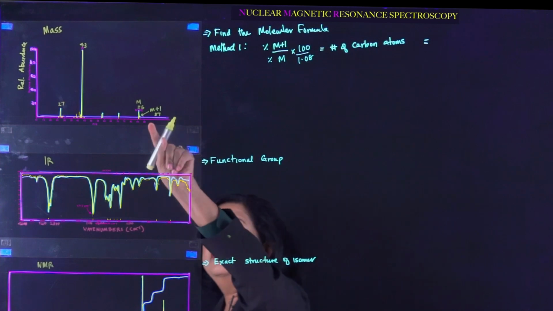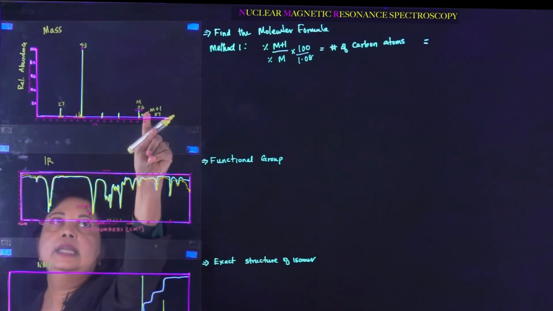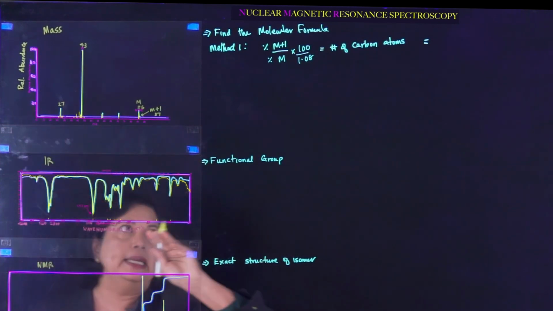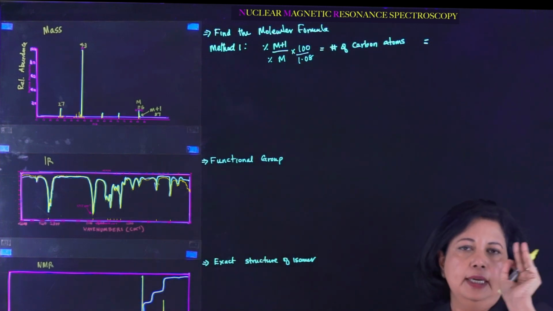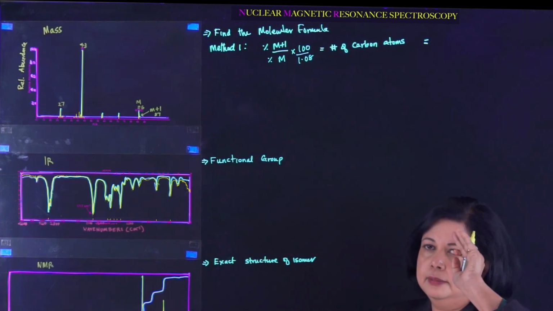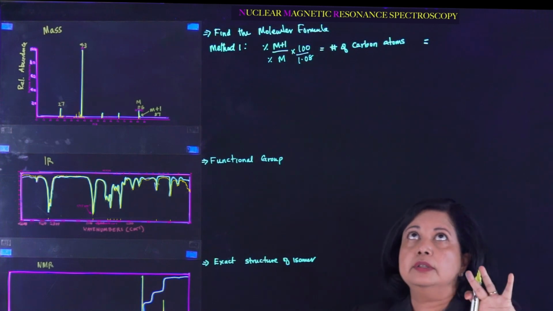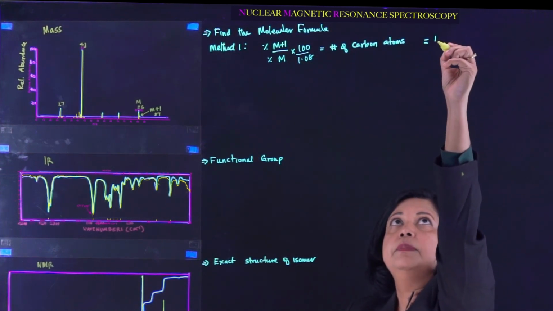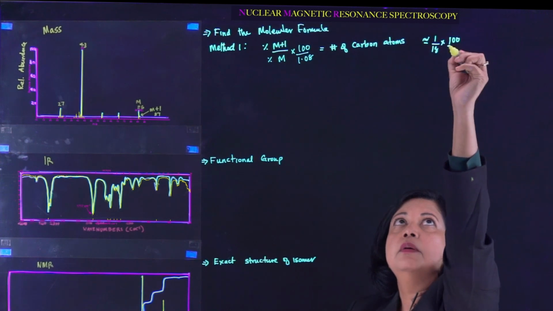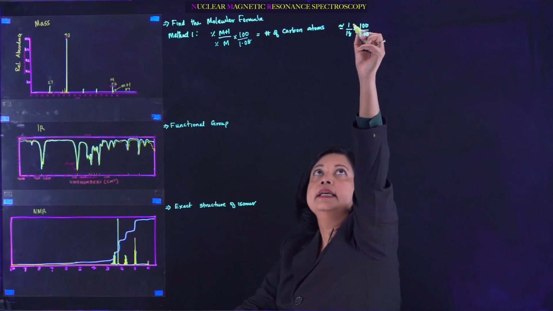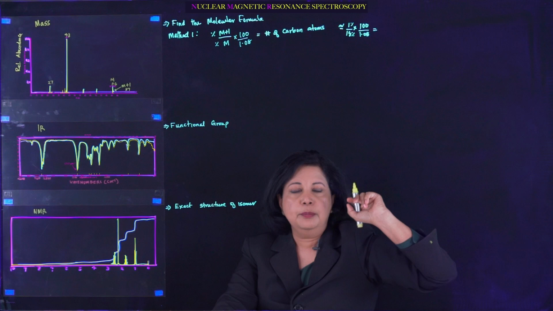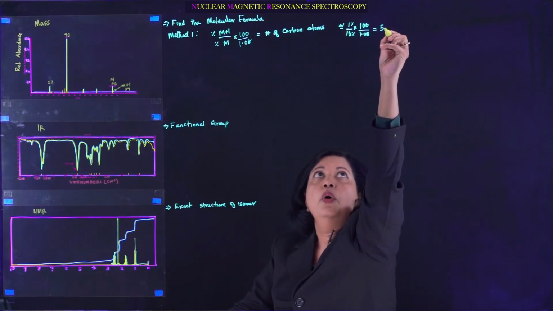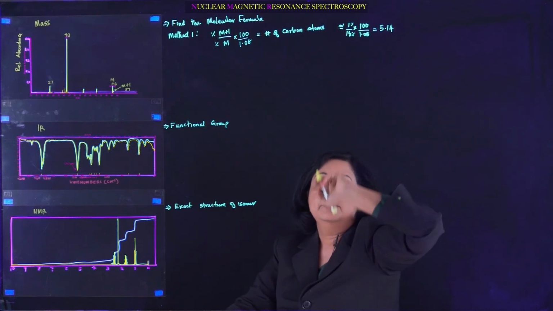This is really, really tiny. It's about 1%. And this is a little less than 20, like 18%. But on an actual mass spec, it will print out the numbers for you, so there won't be any ambiguity. But I'm just going to put an approximate number, 1 over 18 times 100 over 1.08. And that gives us 5.14 as the number of carbon atoms.